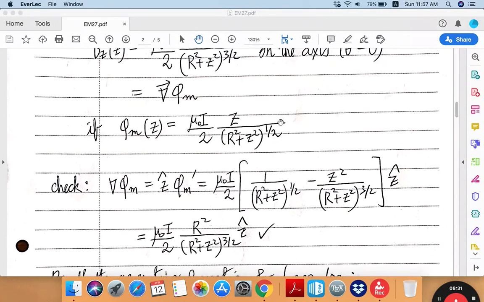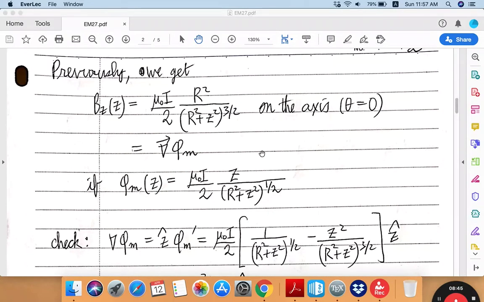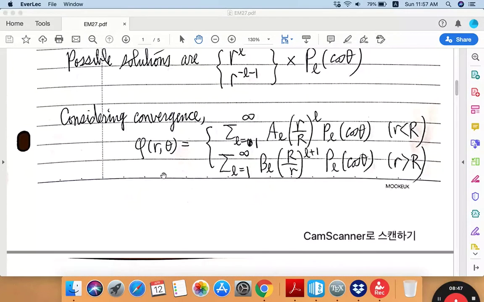Okay, so we have found the magnetic scalar function, but only along the z-axis. What we want is quite a bit more than that, because we want to find out what the magnetic scalar potential looks like as a function of both the radial distance r and the angle, right?